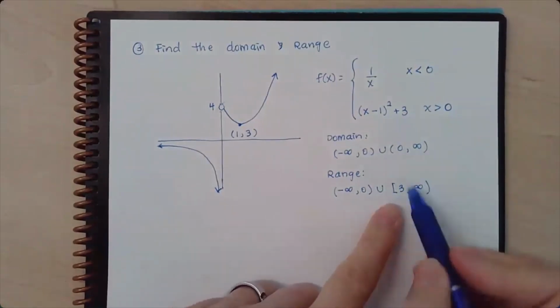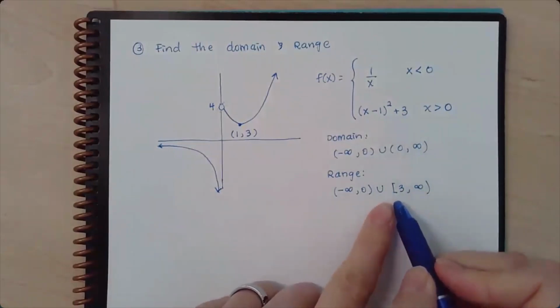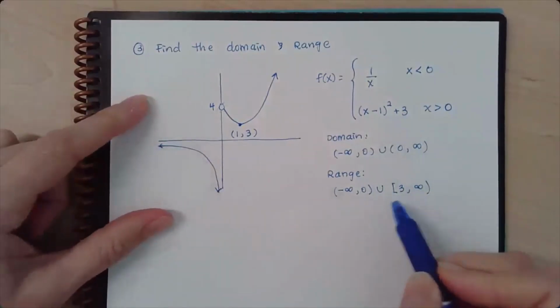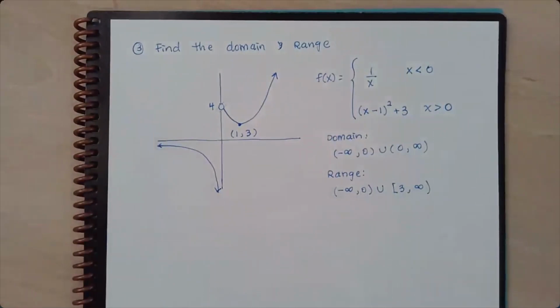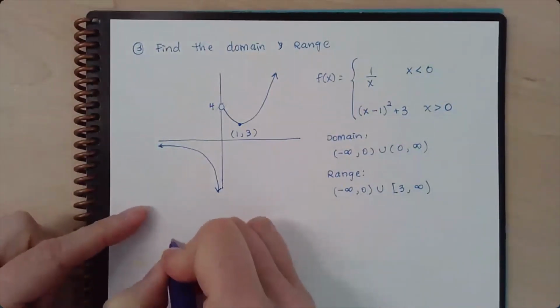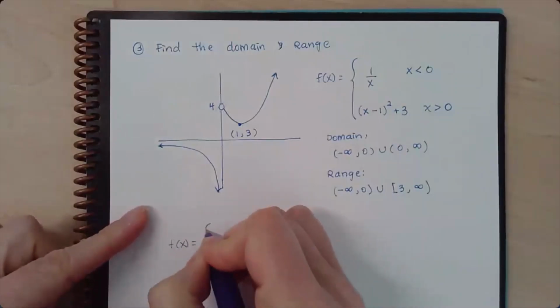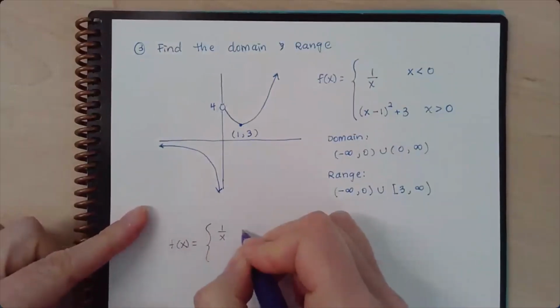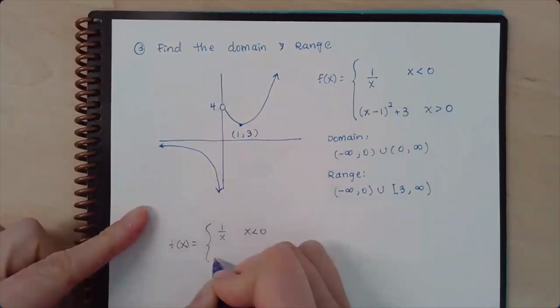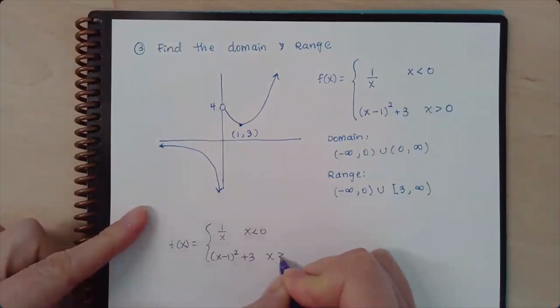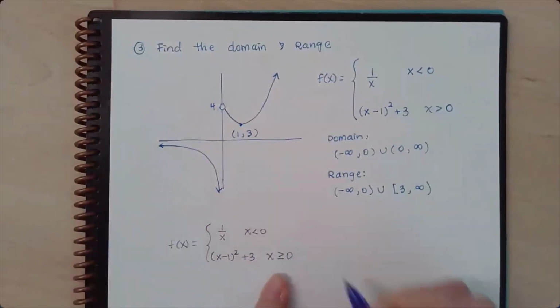By the way, if I took this graph and I modified our function just slightly, so instead my f of x looked like 1 over x for x less than 0, and then x minus 1 squared plus 3 for x greater than or equal to 0.